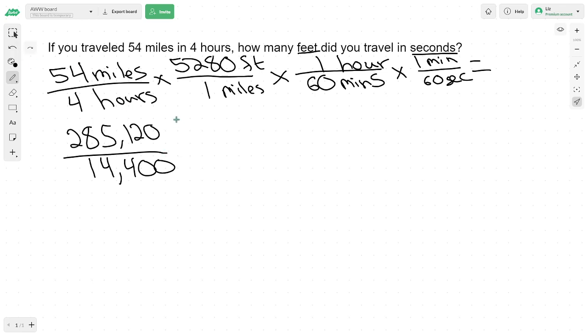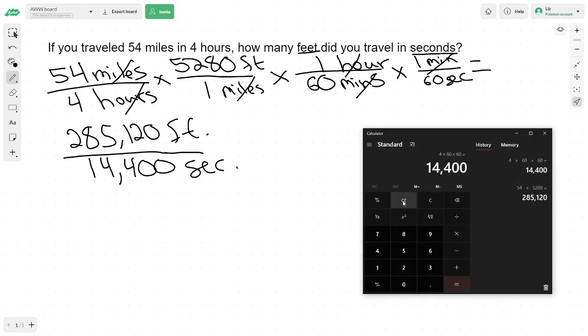And that is, the miles cancel out, the hours cancel out, the minutes cancel out. That's feet, and that's seconds. And then we divide those. 285,120 divided by 14,400 equals.